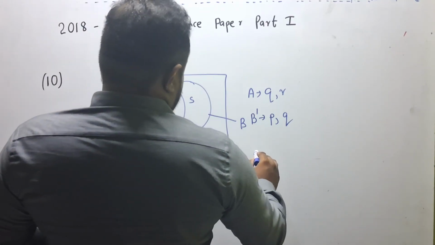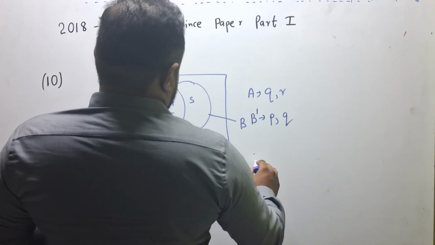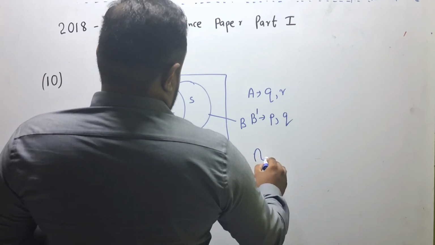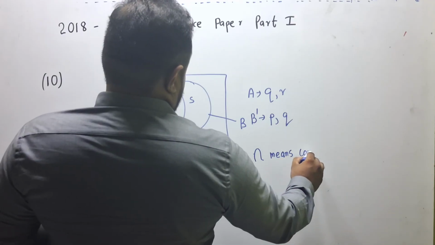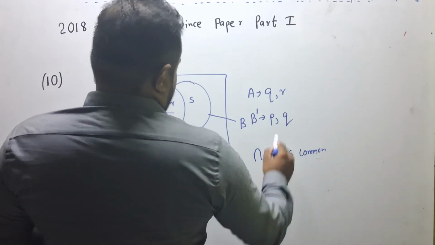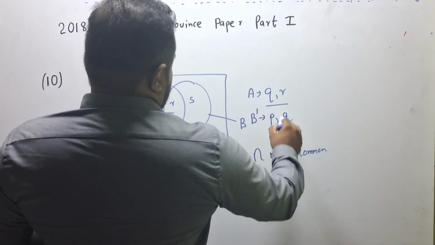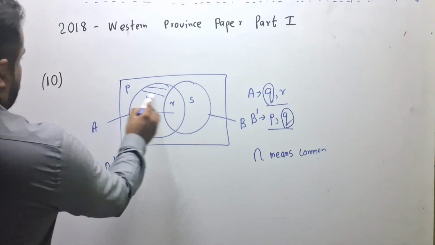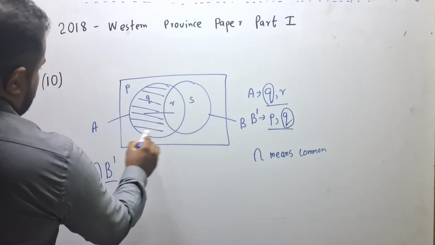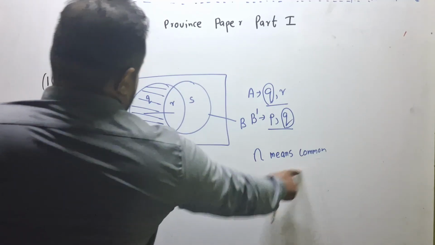So what is intersection? Intersection means common part. When you take PQ and QR, what is the common part? Q. Q is the common part. So that is the answer we got. Intersection means common.